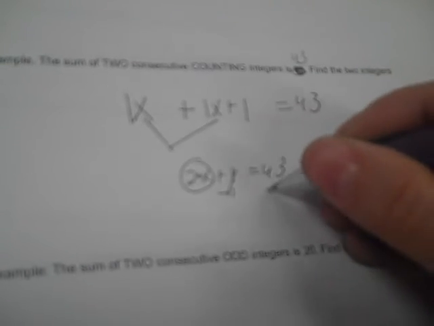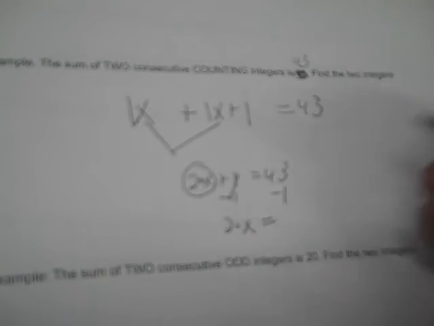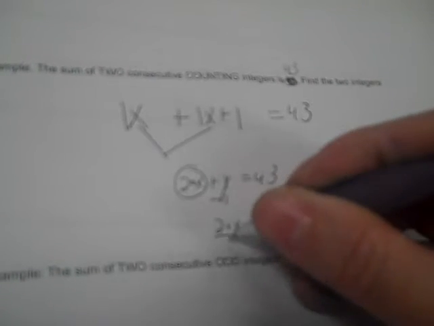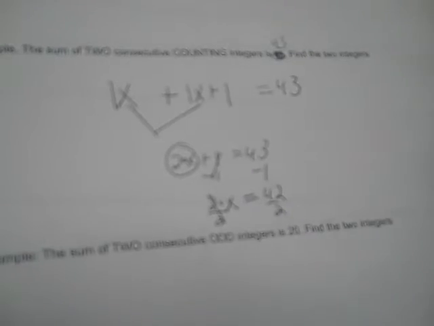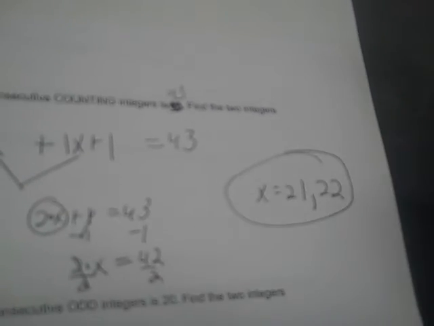Put the ones in front, make your V. You got 2X plus 1 equals 43. Okay, so minus 1, 2 times X equals 42. Then divide by 2, and X equals 21. Now what's the next number when you're counting? Probably 22. Okay, so 21 and 22.